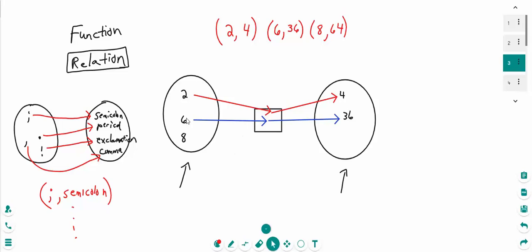Why doesn't it? Because not everything in this first circle, this first set, relates to something in the second set. The 8 is just kind of all by himself. He doesn't relate to anything. So since he doesn't relate to anything, this whole thing could not be considered a relation. All right? That's really the one thing to look for. All right, so that is a relation.